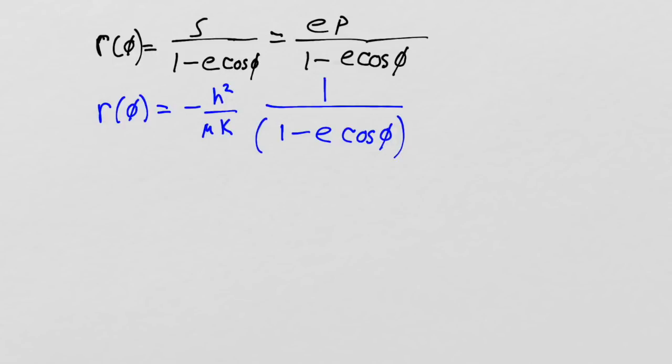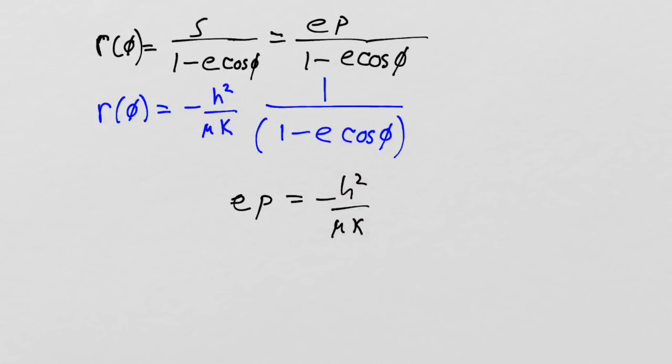And then we have the physics expression for the shape of the orbit that was derived through the Lagrangian analysis. And so to equate these two, we would have to write E, the eccentricity, times the focal parameter equals minus h squared over mu kappa. Now the right-hand side we can calculate because from initial conditions we know h.